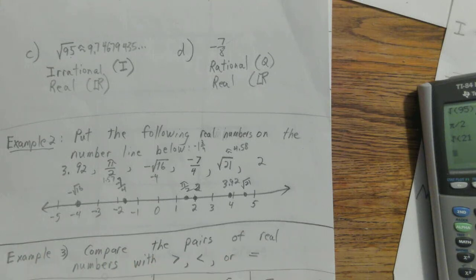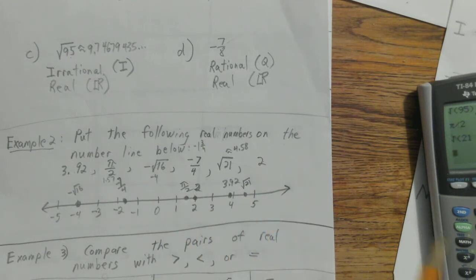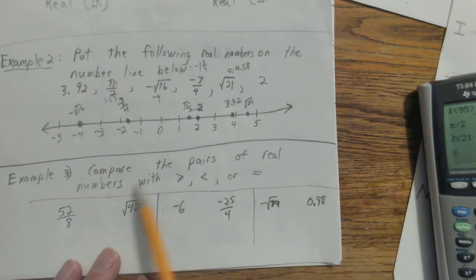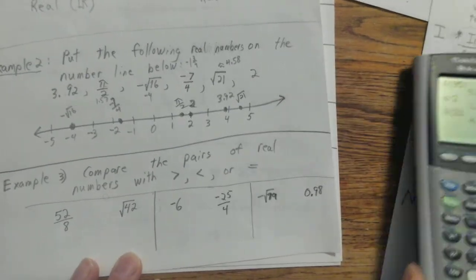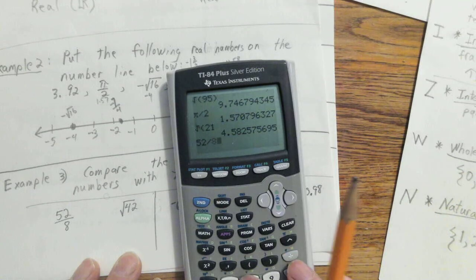So just putting things on the number line, giving value to all these rational and irrational numbers, integers, whole numbers, and so on. All right, now same thing, just putting value. Square root of 52 divided by 8. I'm just going to divide that out real quick on the calculator.